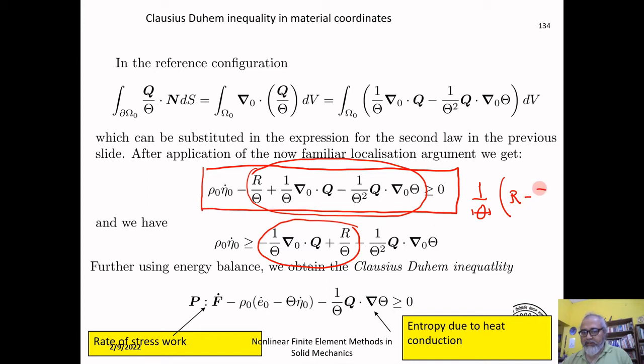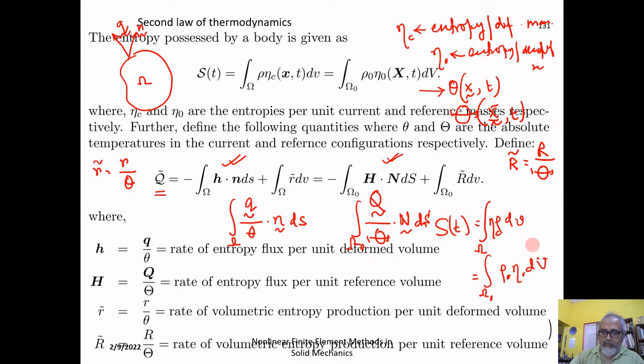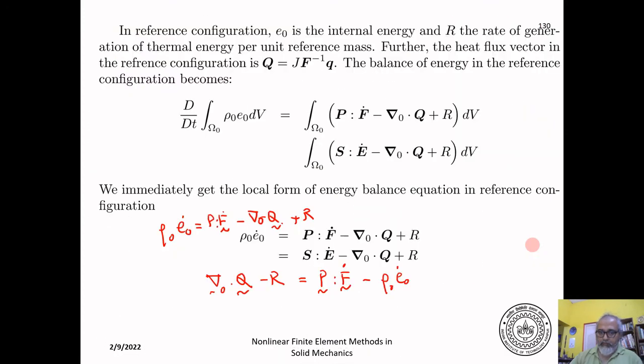r minus divergence of q. So we replace this by p f dot minus rho naught e naught.